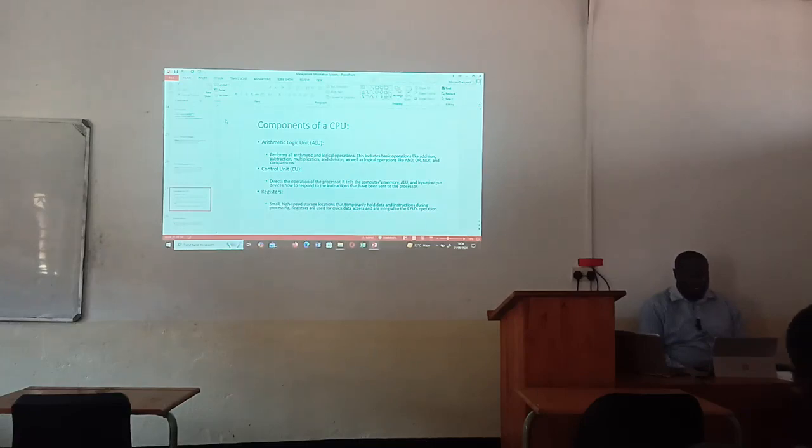The logical part will look at things like, is this equal to this? Comparisons. Is this less than this? Is this greater than this? Is this bigger or smaller than this?